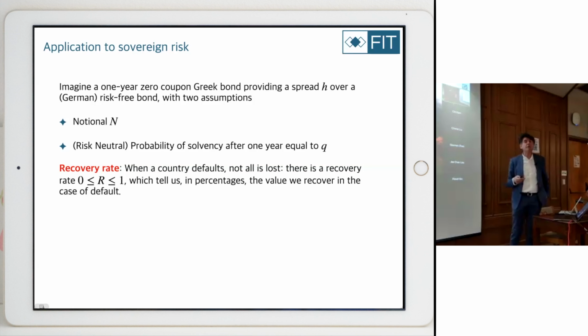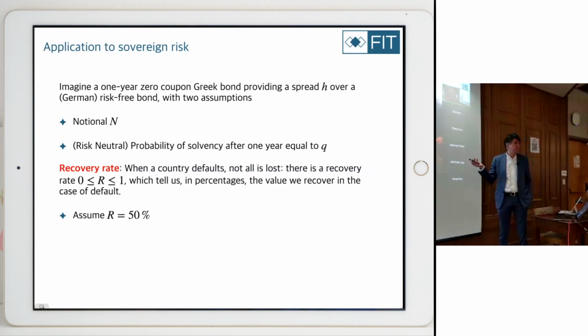So what you recover is a number, we're going to call it R for this example. In fact, we're going to assume it is 50% for the purpose of the way we think, but we're going to do our calculation properly with R as a variable. You understand this recovery rate? Okay. When they say default, what was the last default that you remember?